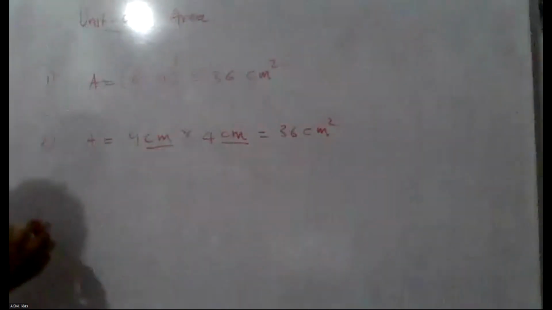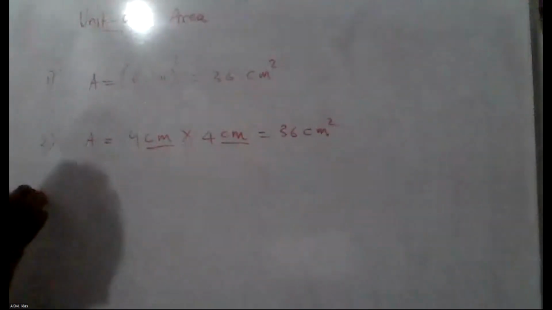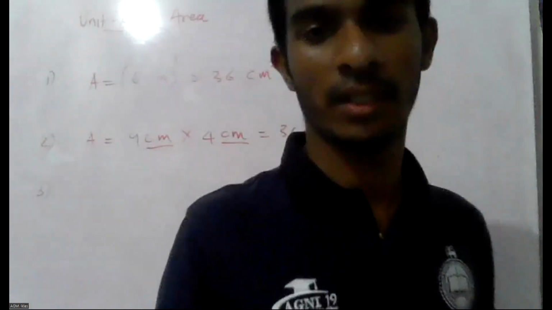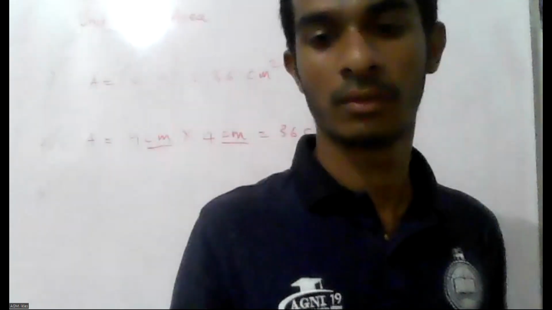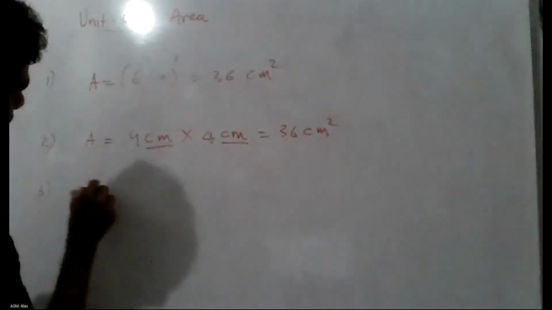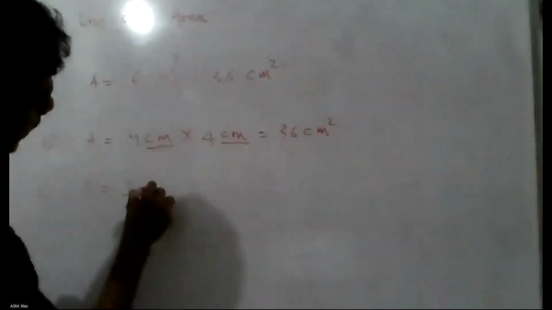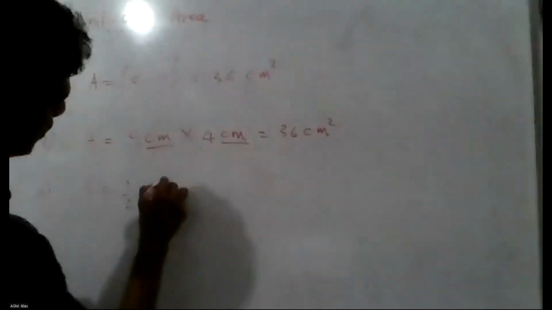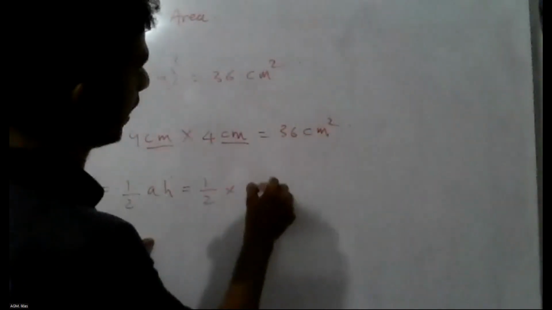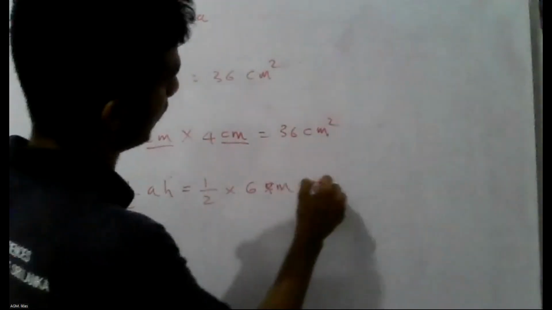Again, there is a right angle triangle. For finding the area of a triangle, we need to use the equation A is equal to half into base into H. Substituting the values given in the picture, half, the base is 6 centimeter and the altitude is 4 centimeter.